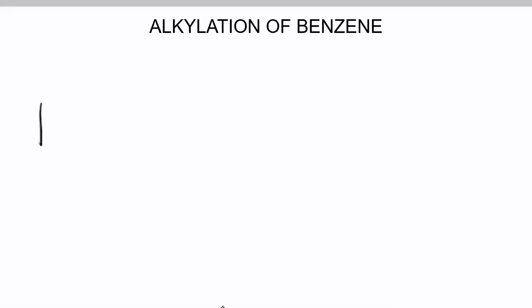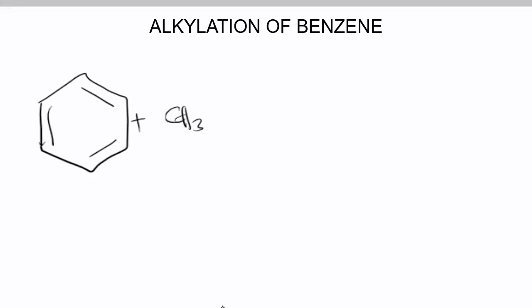So if I have my benzene, this reacts with methyl halide. Over here is a Lewis acid, where X is a halogen.